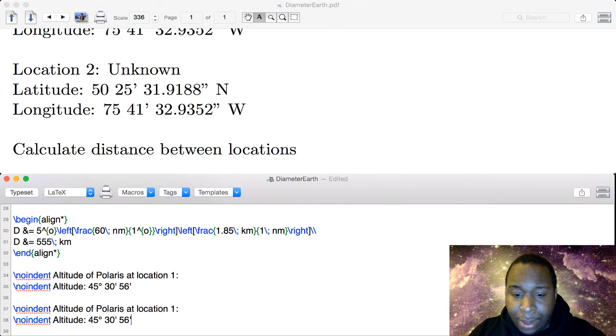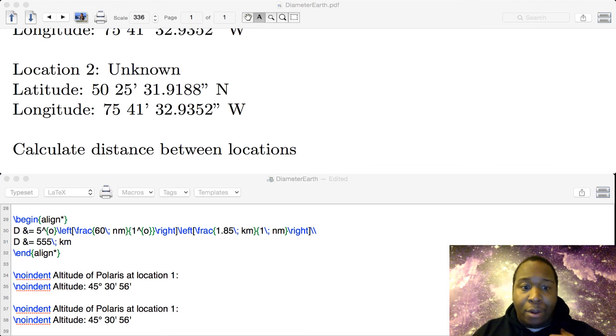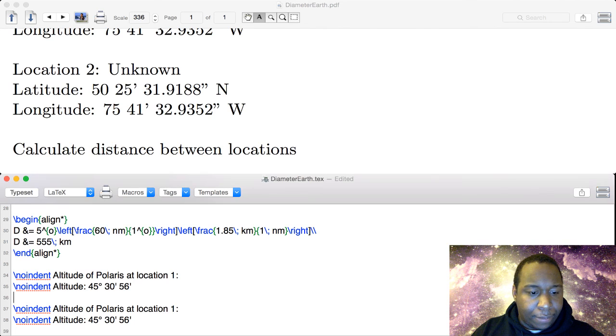So let me go back to Stellarium and copy this information. So it's going to be 50, 30, 44. Interesting. This is 44. That one changed actually. So 50 plus slightly by a few seconds.